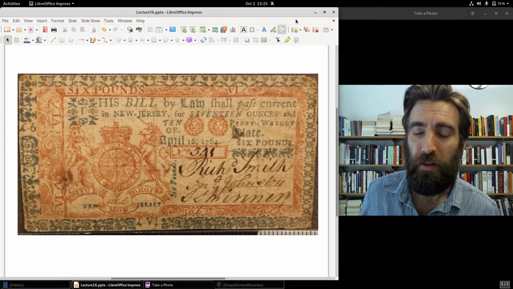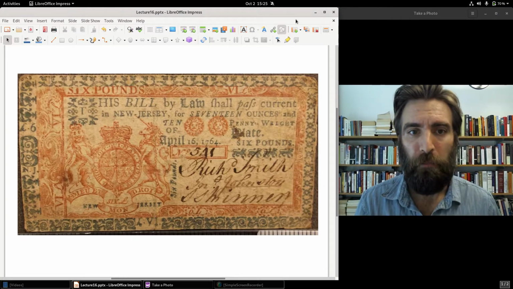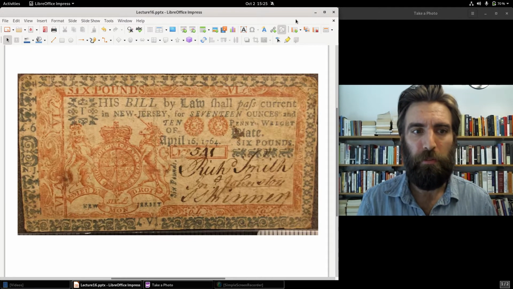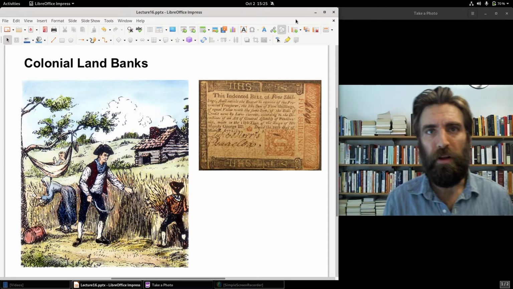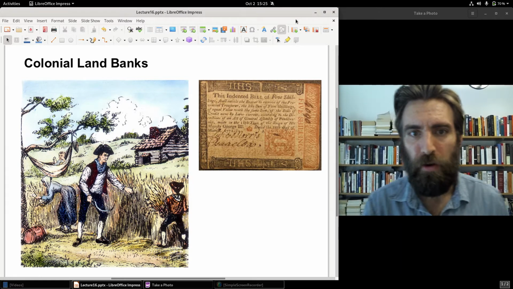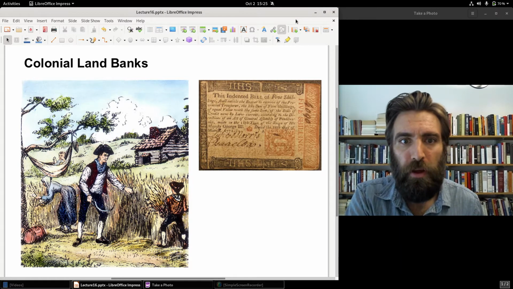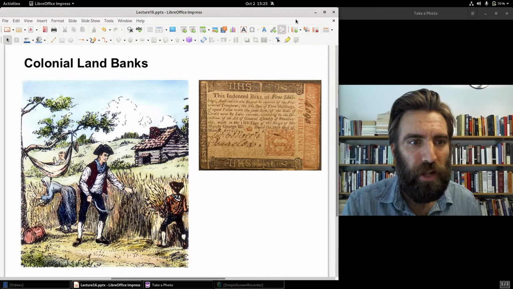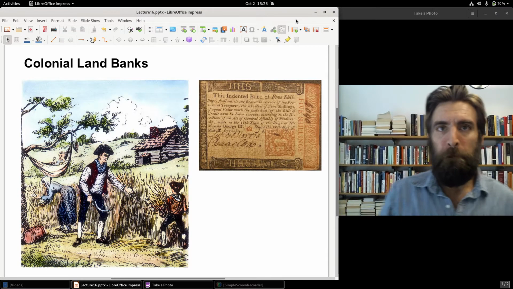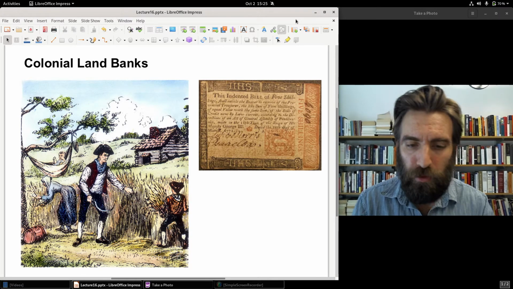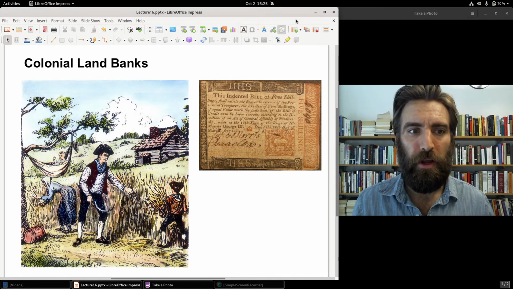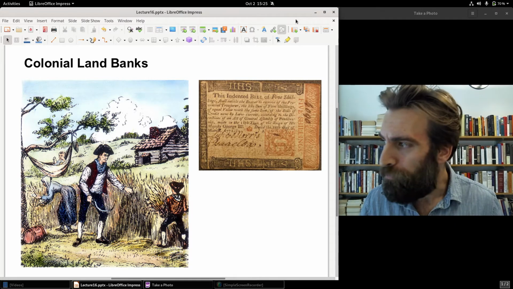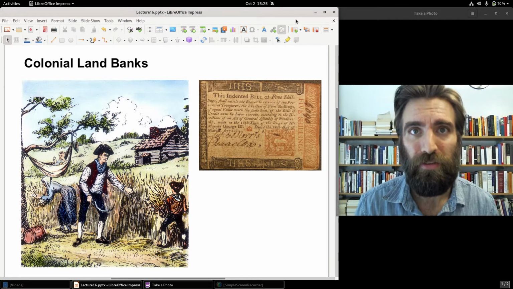But bills of credit were not the only way for a colonial government to issue paper currency. There was another way to emit paper currency, and that was through land banks, colonial land banks. Now, coin was relatively scarce in the colonies, mostly because of trade deficits. However, what wasn't scarce was land.